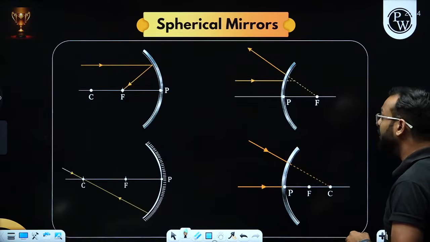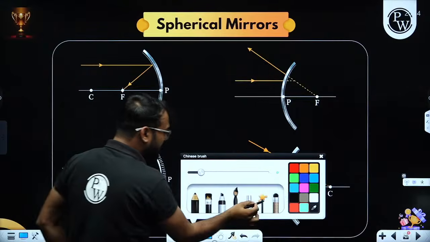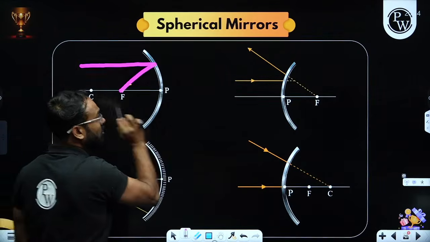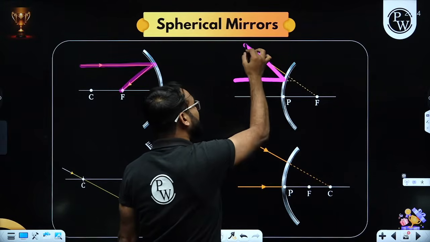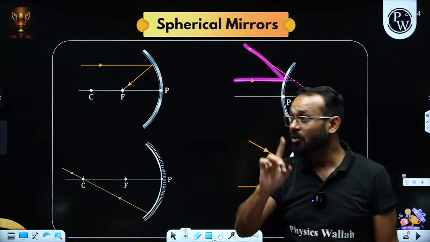If you can exactly recall, this is how it seems. If a ray of light comes parallel to the principal axis, it will meet at the focus. Whereas in the convex mirror, a ray of light coming parallel to the principal axis will diverge but appear to meet at the focus. That is rule number 1.